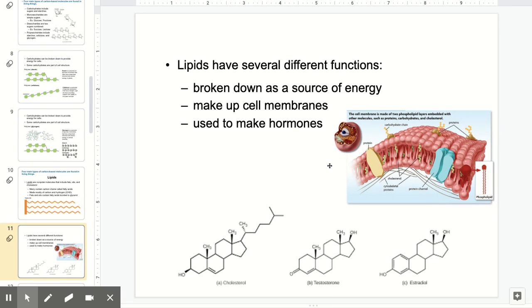So lipids themselves get kind of a bad rap as, oh, fats are bad for you, but they have some very important structures in living things. Yes, they do store energy. The energy is actually really, really powerful in fats.